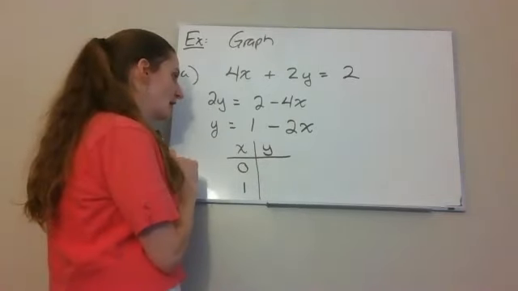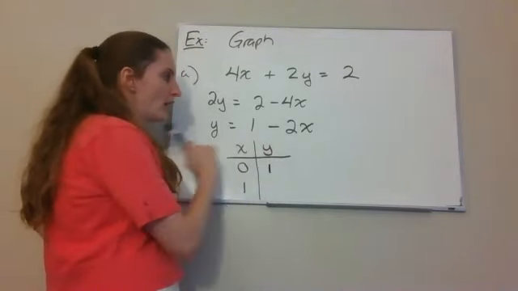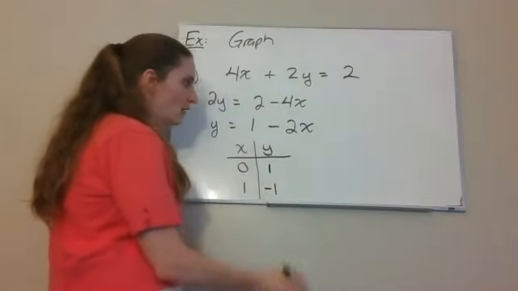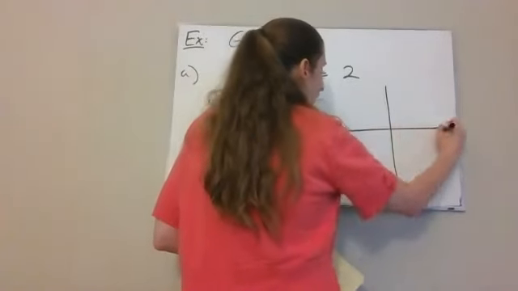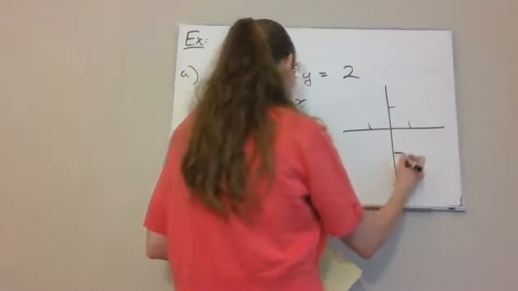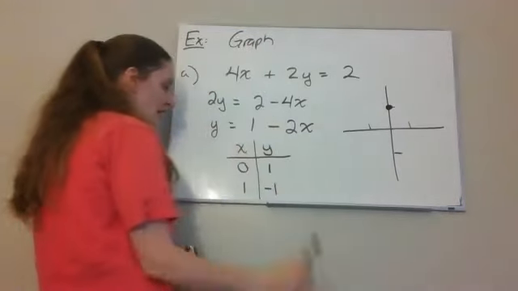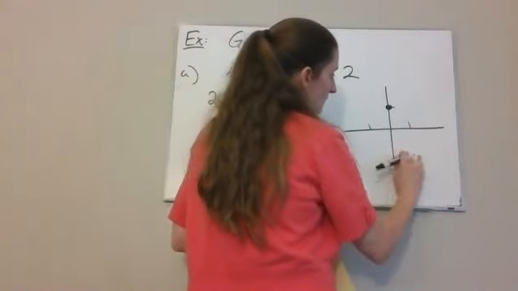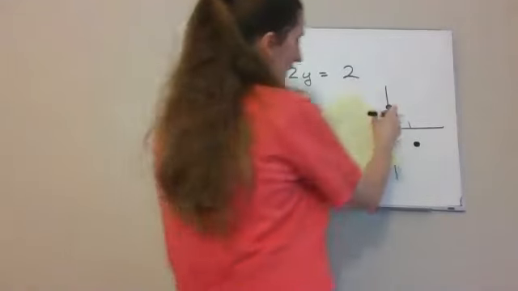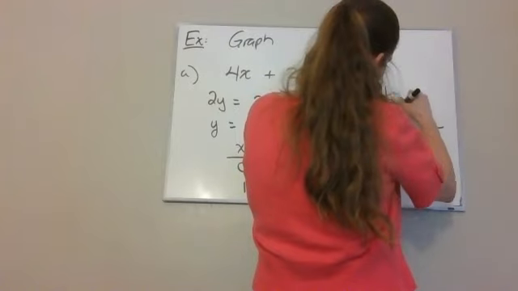When I plug a 0 in, I get 1 minus 2 times 0, so that's just 1. And when I plug 1 in, I get 1 minus 2 times 1. That's 1 minus 2, which is negative 1. So if I go to a graph, I have a point at (0, 1), that's up here, and a point at (1, negative 1), that's down there, and then you just play connect the dots, and you get a nice straight line.